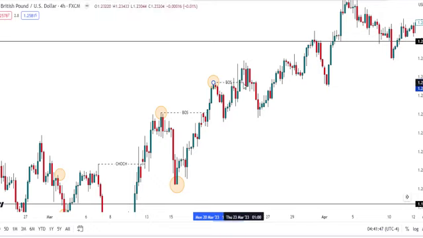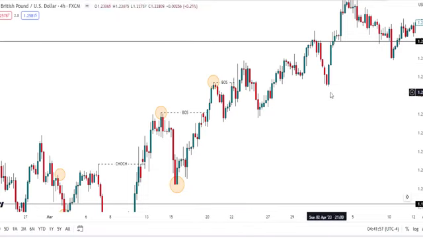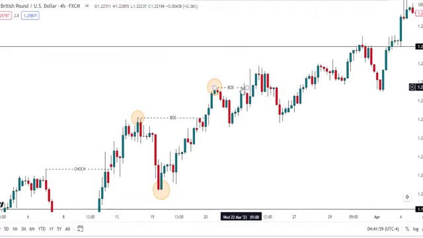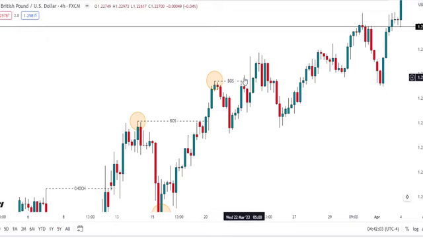Let me show you. It did not happen here where you see the tail outside, or the wick. So right here, we did not have a break of structure. This is the wick, and that is what I wanted you to see. If the body of the candle did not close outside this area, we do not have a break of structure, including this.